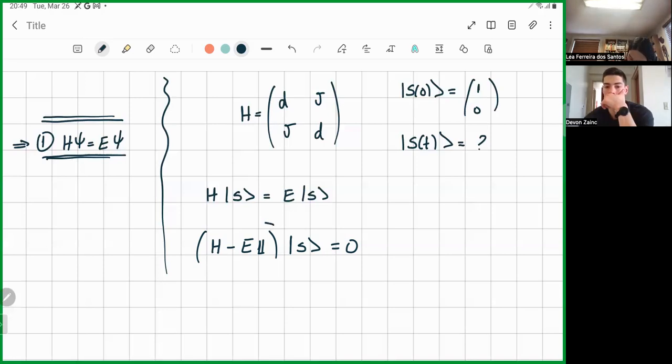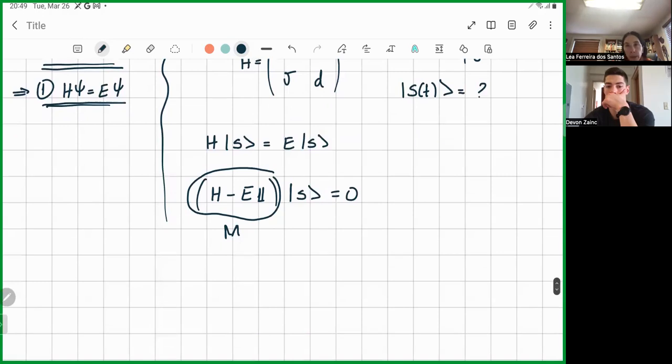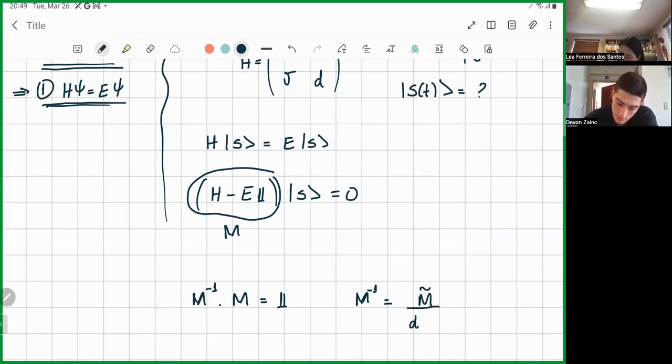So let me call this whole matrix some matrix M. If this matrix M has an inverse, the inverse of a matrix we denote by this, the product between these two matrices gives us the identity. How do we get this inverse? The inverse of a matrix is the matrix of cofactors divided by the determinant of the matrix.